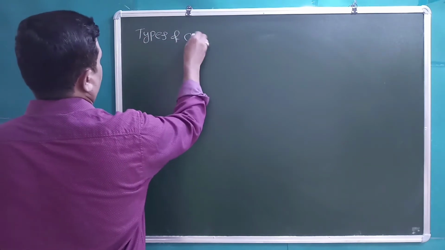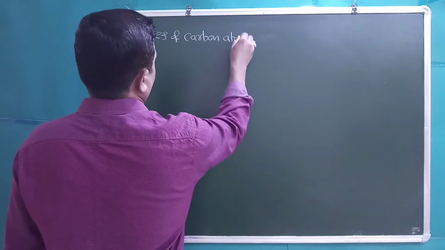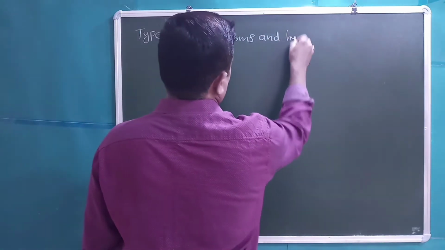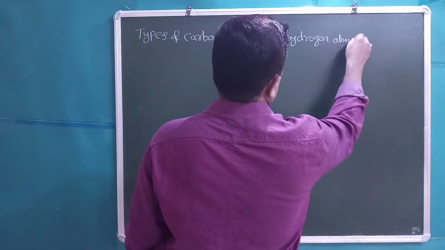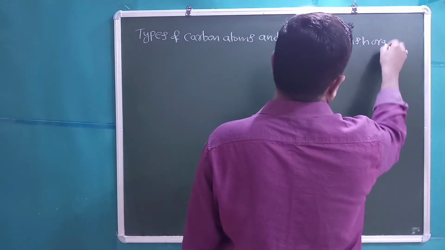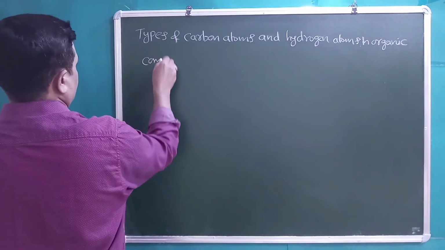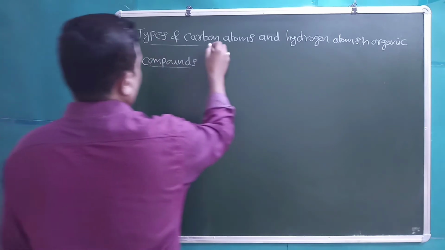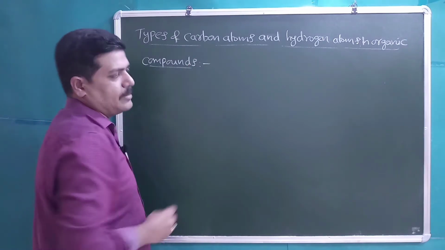Types of carbon atoms and hydrogen atoms in organic compounds. Students, in general, organic compounds contain 4 different types of carbons and 3 different types of hydrogens.